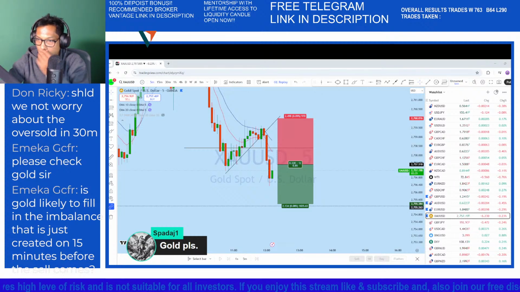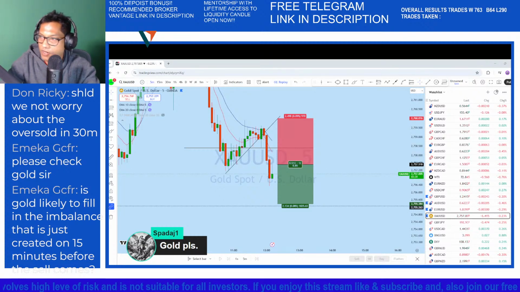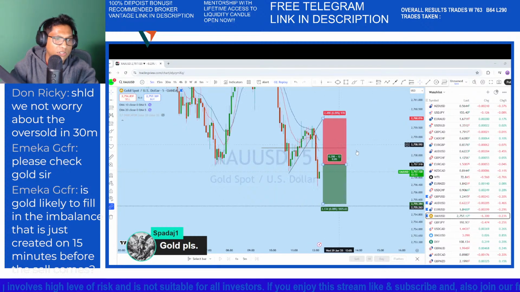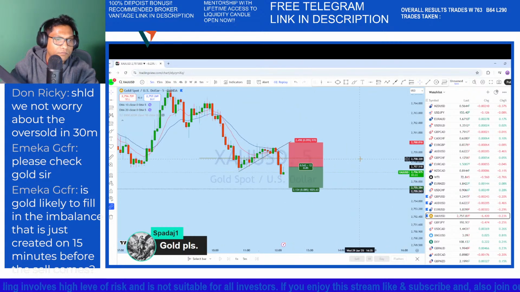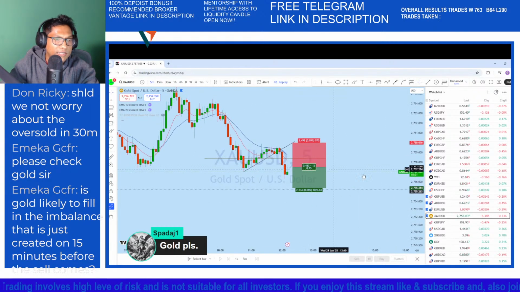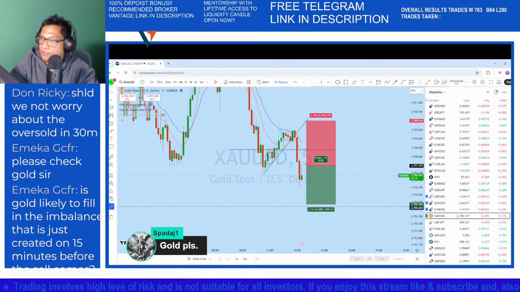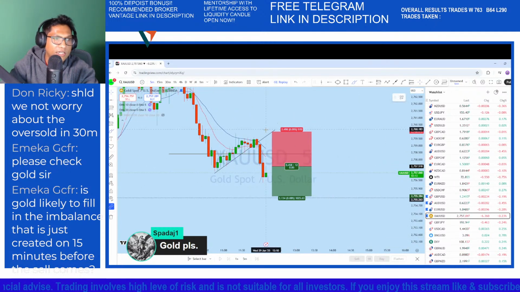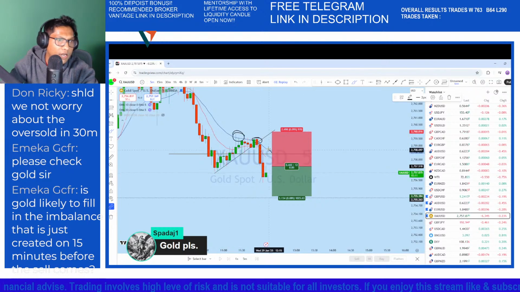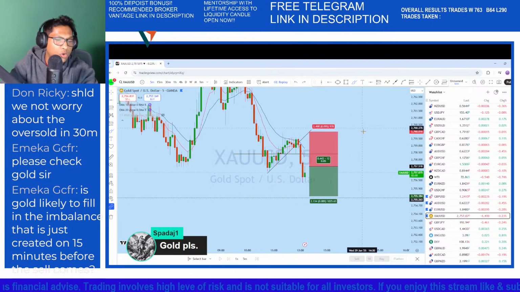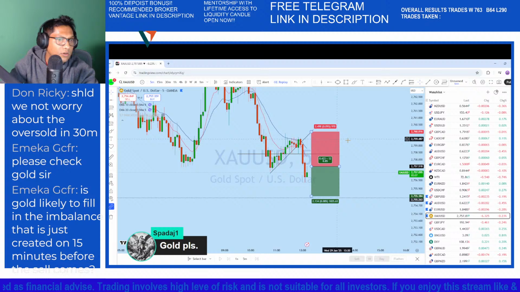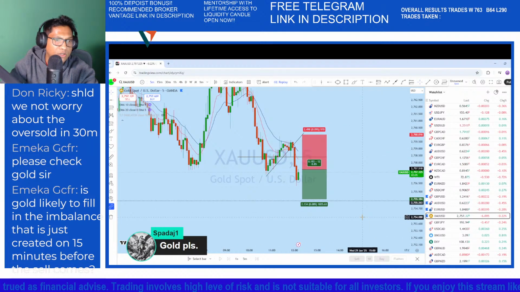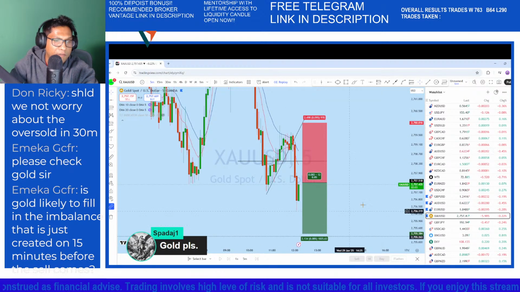So XAUUSD, we can see that we open a sell position here on this instrument, expecting to have a downward pressure in this instrument. And as you can see, there is a head, left shoulder and the right shoulder. With that head and shoulder on this instrument, we can expect the market to break below.